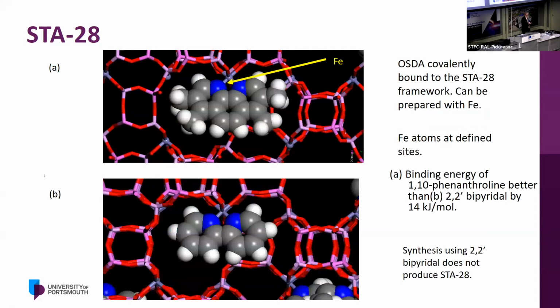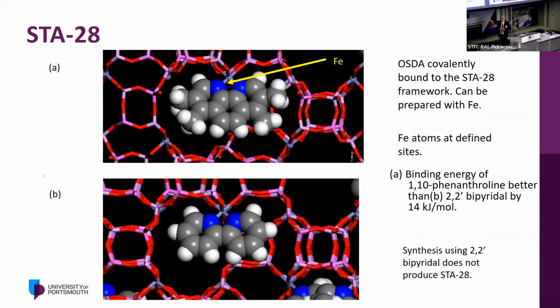Again, it's interesting if we look at the template in this case, with the ion in place, which is directed to that site in the synthesis. We look at a smaller template here, the 2,2'-bipyrimidine molecule. It doesn't fill the space anything quite as well.